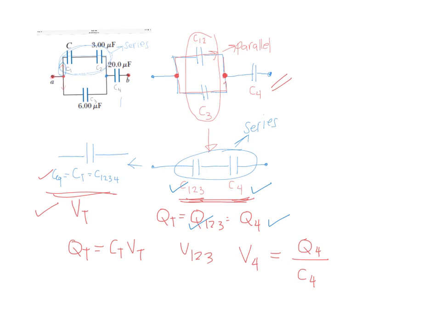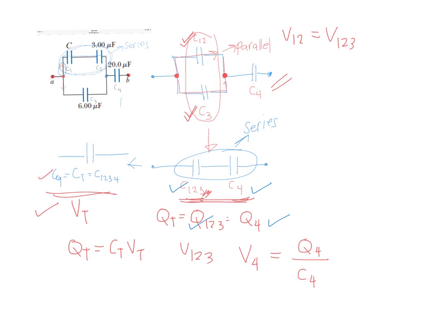Taking into consideration that C12 and C3 are actually parallel with each other, the information that we could carry over would be that the voltage of capacitor 1,2 would actually be equal to the voltage of 1,2,3, because capacitor 1,2,3 is a combination of capacitors 1,2 and capacitor 3, and they are connected in parallel.